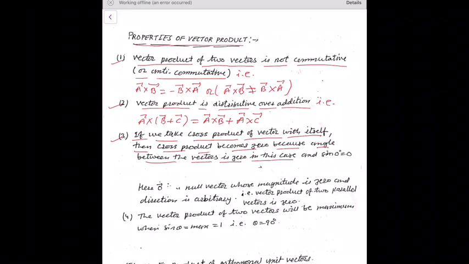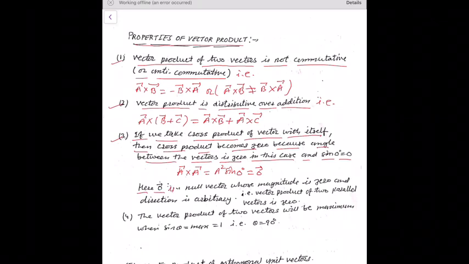Third, if we take cross product of a vector with itself, then the cross product becomes 0 because angle between the vectors is 0 in this case, and sine 0 degree is equal to 0. That is, A vector cross A vector is equal to A square sine 0 degree, which is equal to 0 vector.